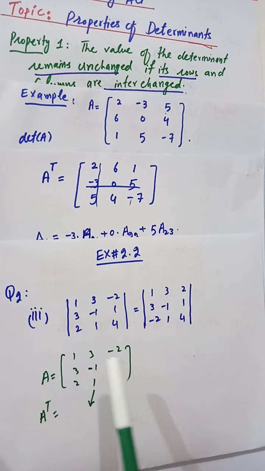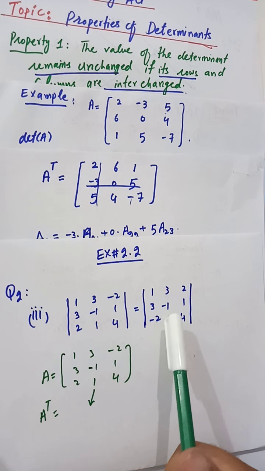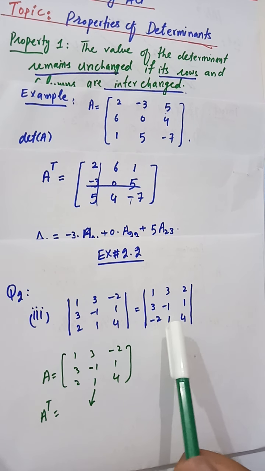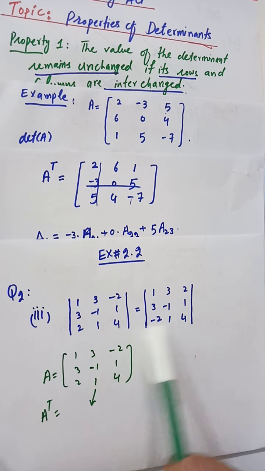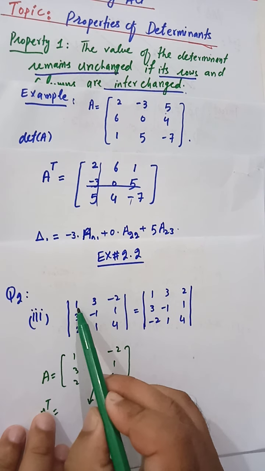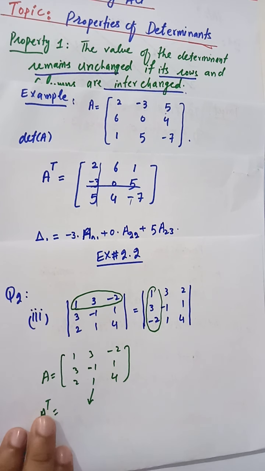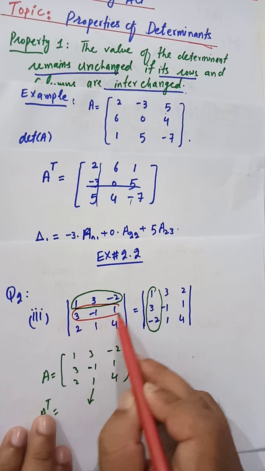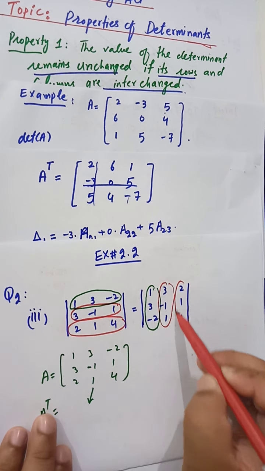So these determinants are equal because the right side is actually the transpose of the matrix on the left hand side. In this, the rows and columns are interchanged. Here this is the first row, here it is the first column. Here this is the second row, here it is the second column. Here it is the third row, it is the third column.